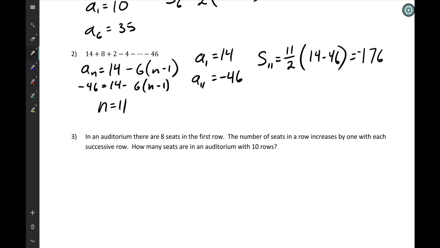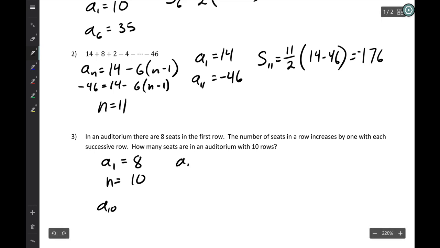So it says there's 8 in the first, so I know a sub 1 is equal to 8. I know n is going to be equal to 10 because there's 10 rows. And then I need to find the a sub 10. Well, I need to write a formula for this, so I know a sub n is equal to 8 plus 1 times n minus 1.